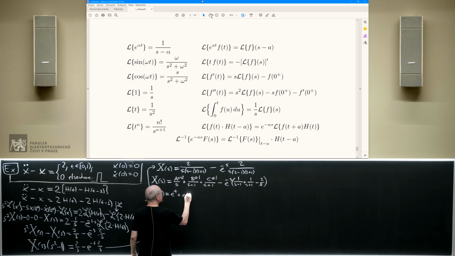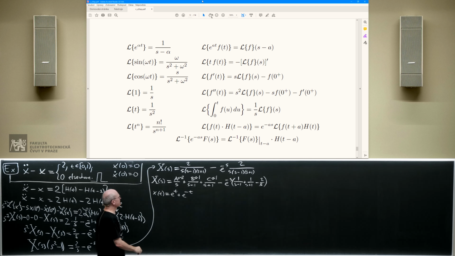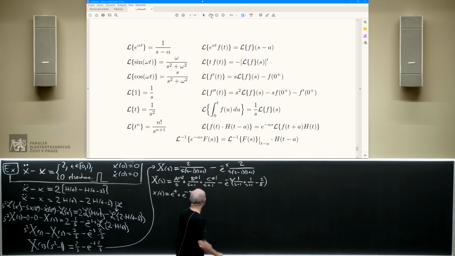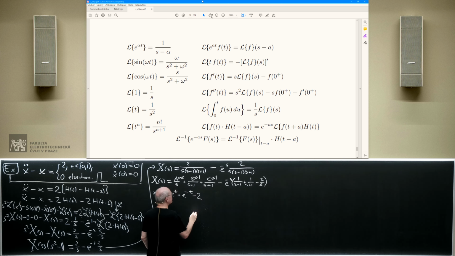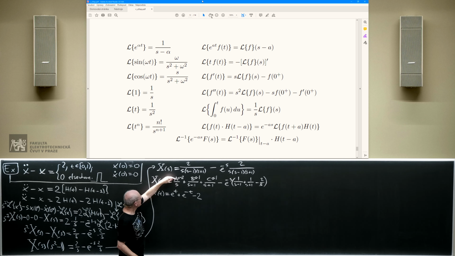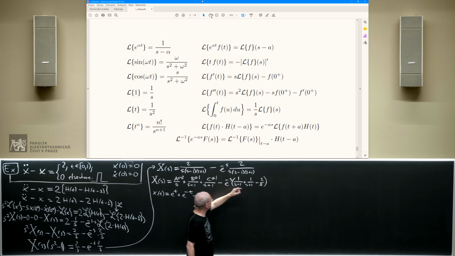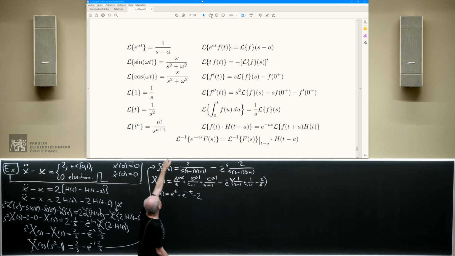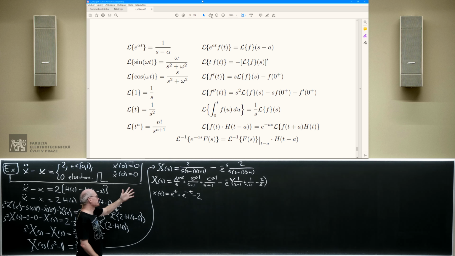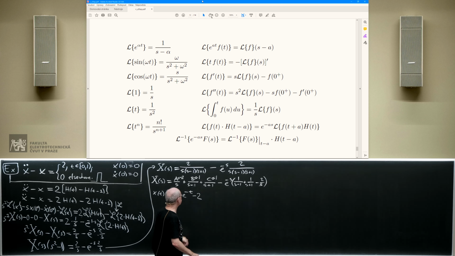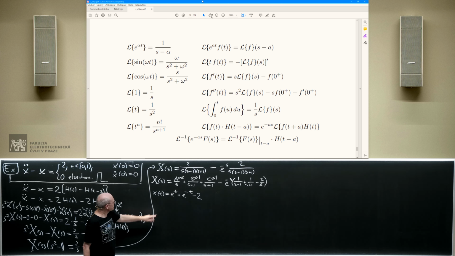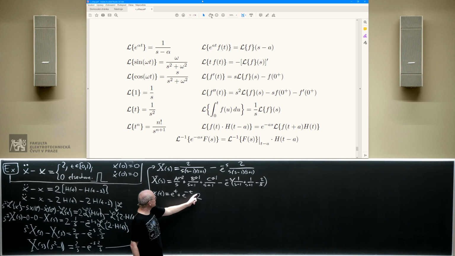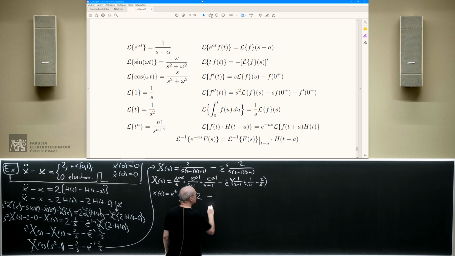So it's plus e to negative t. Then there is twice subtracted the inverse Laplace transform of 1 over s. 1 over s goes to 1, so it's just 2 times 1, which is 2. Okay, so this is the inverse Laplace transform of these three factors.